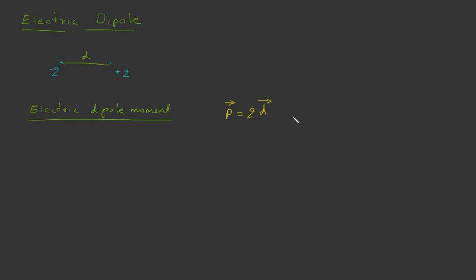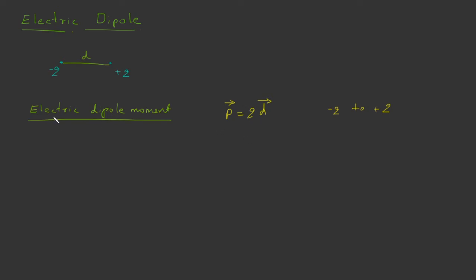Conventionally, the direction of d is taken from minus q to plus q. So the direction of electric dipole is taken from minus q to plus q.